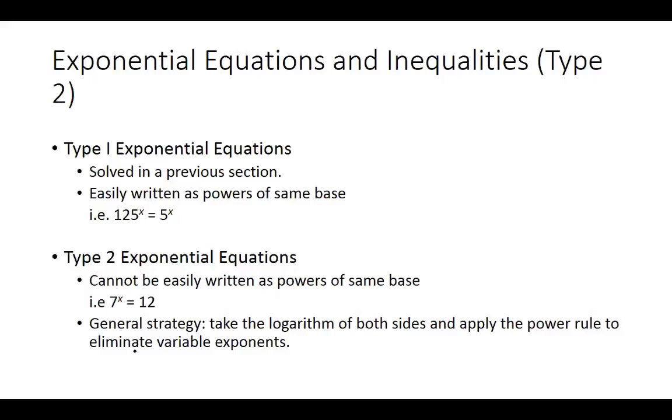For the second type of exponential equation, where we cannot make the base the same, for example, if I have 7 to the power of x equal to 12, I cannot make 7 and 12 equal each other. So in this type of problem, we're going to take a log of both sides to solve.